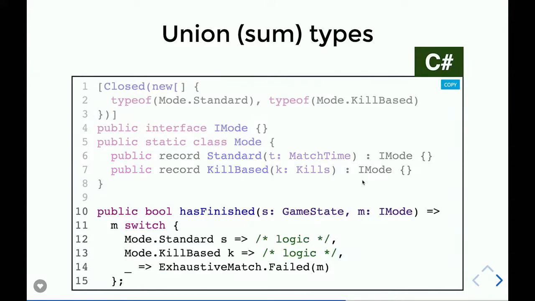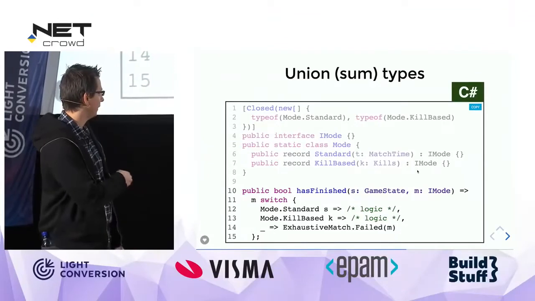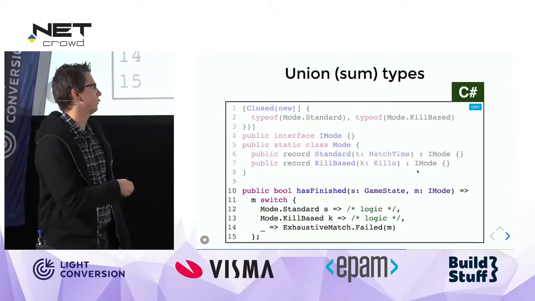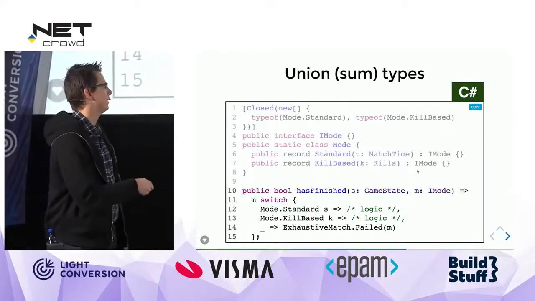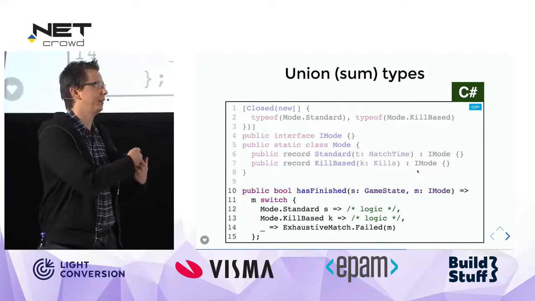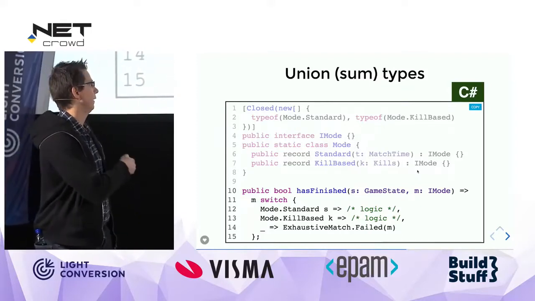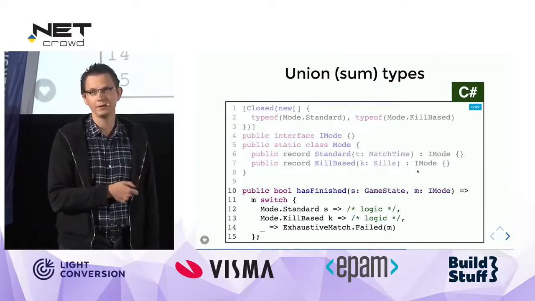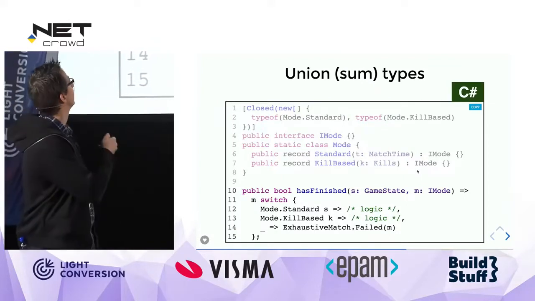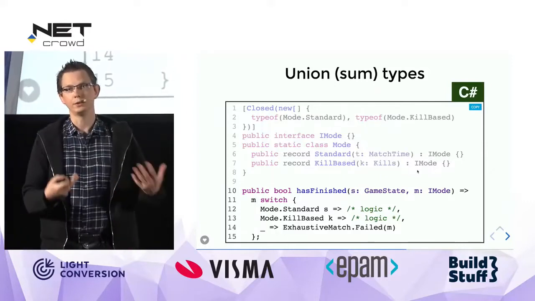And then once you have it, you can do an exhaustive switch. So basically you check one case, another case, and if it's none of those, you say exhaustive match fail. What this essentially does, by using that Roslyn compiler analyzer, is analyze this at compile time, and if you fail to check any of the cases that are listed here, it will be a compile time error.